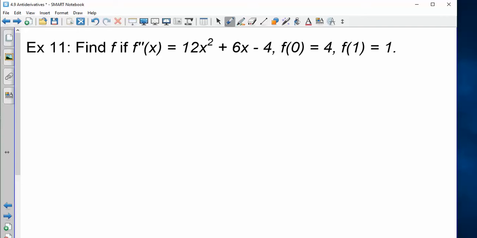Okay, find f if f double prime is 12x squared plus 6x minus 4, and then I give you some other information. F of 0 equals 4 and f of 1 equals 1. What I want you to do first is find your f prime and your f, just like we did on the last example. So take a second and do those two on your own.